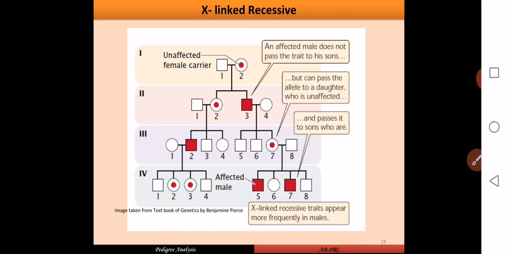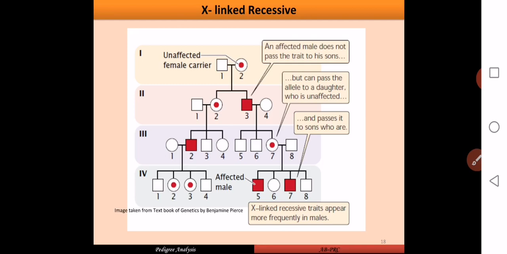This is the pattern of inheritance. Here the red dotted ones are the carriers. You can see individual 2 in generation 1 is a carrier, but she is unaffected, right? It is possible for her to have an affected son.